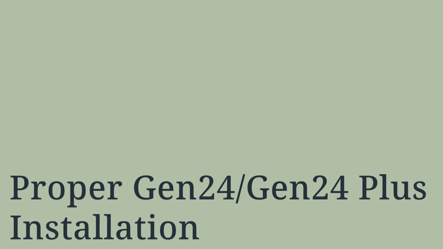Good. Let's now talk briefly about the Gen 24 and Gen 24 Plus. If you've noticed, we rolled out our Gen 24 PV inverters a couple of months ago. That is why we have them properly demarcated, so that the definition would not be mixed up. So we have the Gen 24 and then the Gen 24 Plus, which is our battery connectable hybrid inverter.